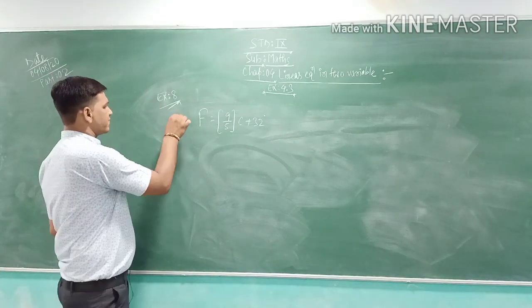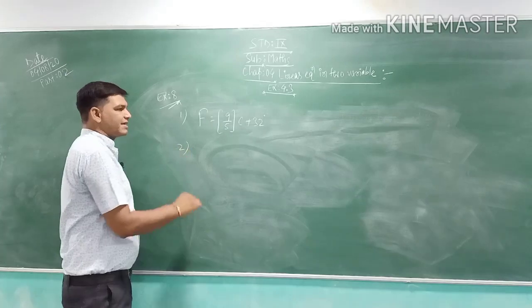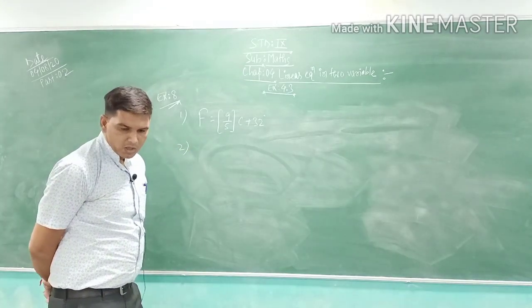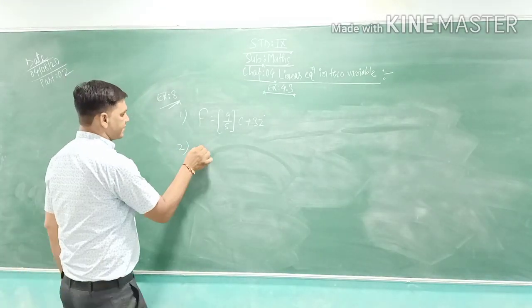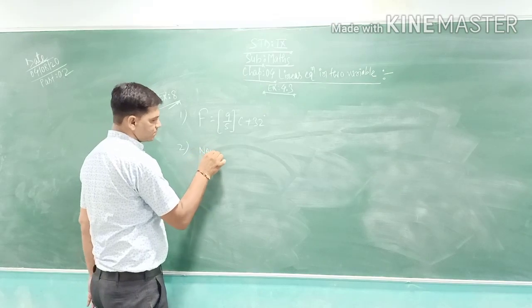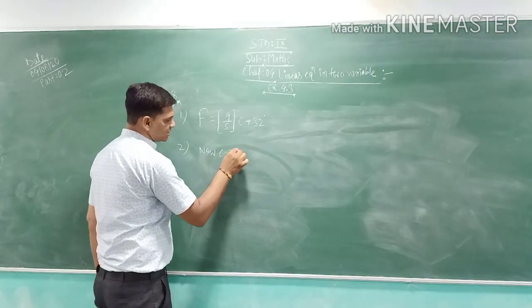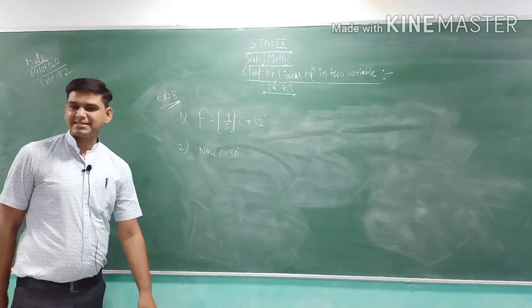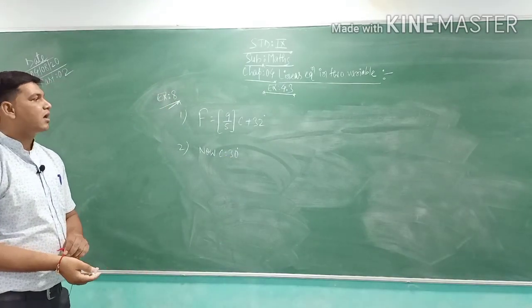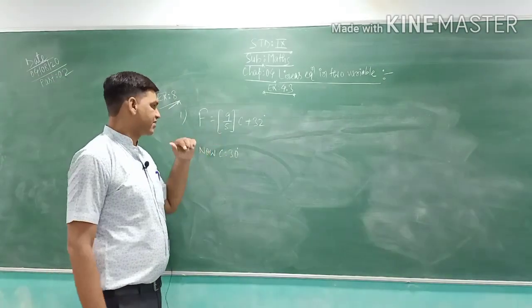So first, F is equal to 9 by 5 into C plus 32. Now Celsius is 30 degrees. If Celsius is 30 degrees, how can we find the Fahrenheit?